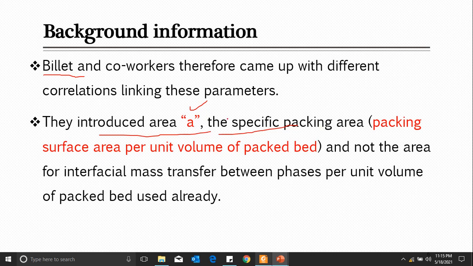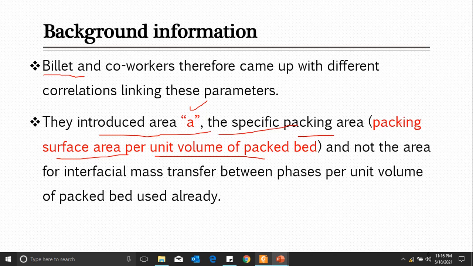Later we will see that this A appears a lot, and it is one of the parameters dependent on the type of packing. They will provide different values of A for different packings, and that affects a number of other parameters. Whenever we say specific, that means per unit something, and that is usually per unit volume. So here the specific surface area is the packing surface area per unit volume of the packed bed.